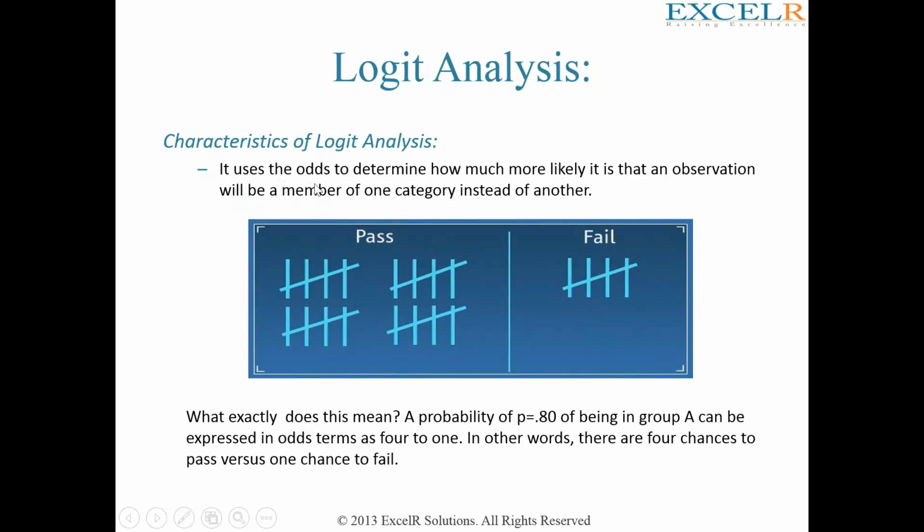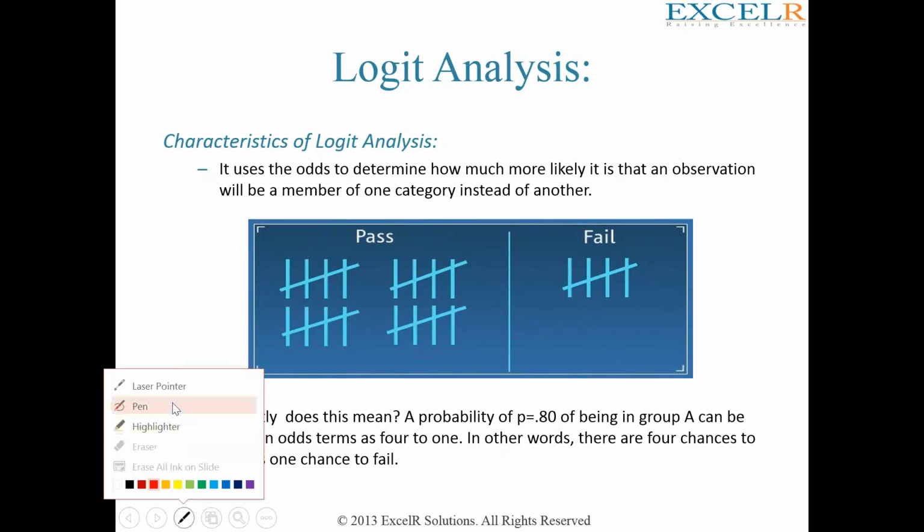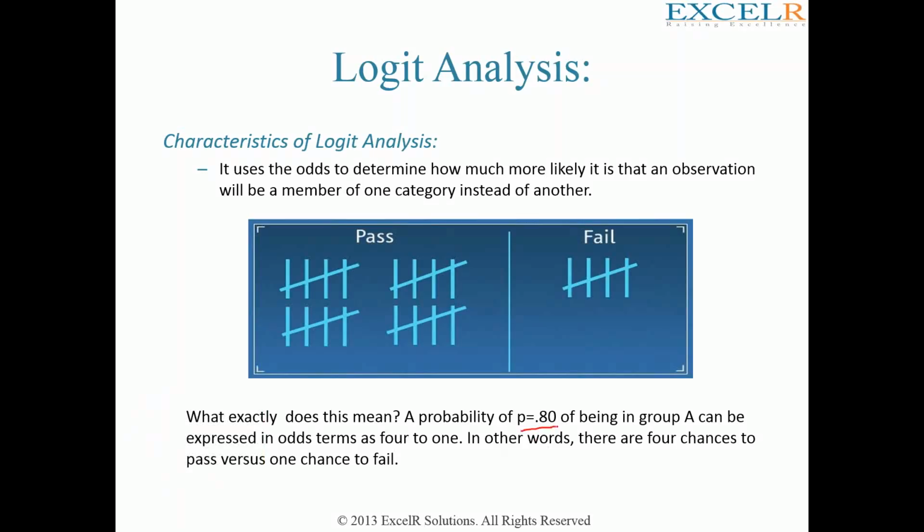It uses the odds to determine how much more likely it is that an observation will be a member of one category instead of another. Right? Let us understand this. What exactly does this mean? If I say a probability of P is equal to 0.8 of being in group A, there's a probability of 0.8 of a particular member falling in the pass category or fail category, for example.